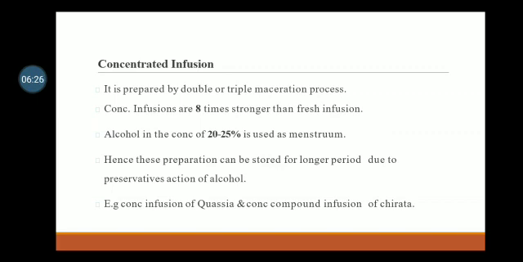Concentrated infusions are 8 times stronger than fresh infusion. Alcohol in the concentration of 20 to 25% is used as menstruum. Hence, this preparation can be stored for longer period due to preservative action of alcohol. For example, concentrated infusion of cassia and concentrated compound infusion of chirata.